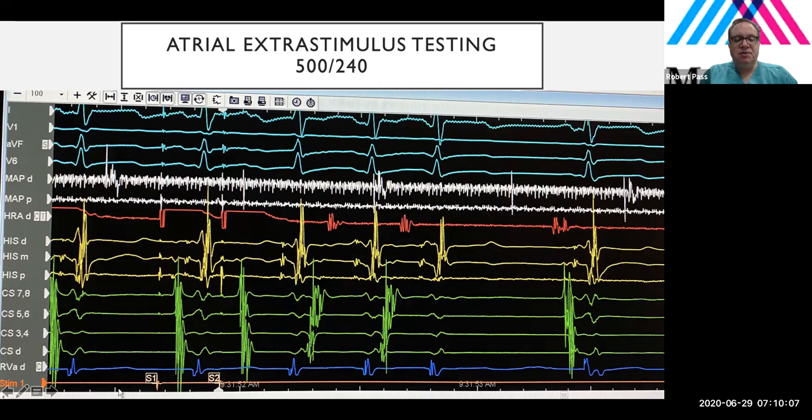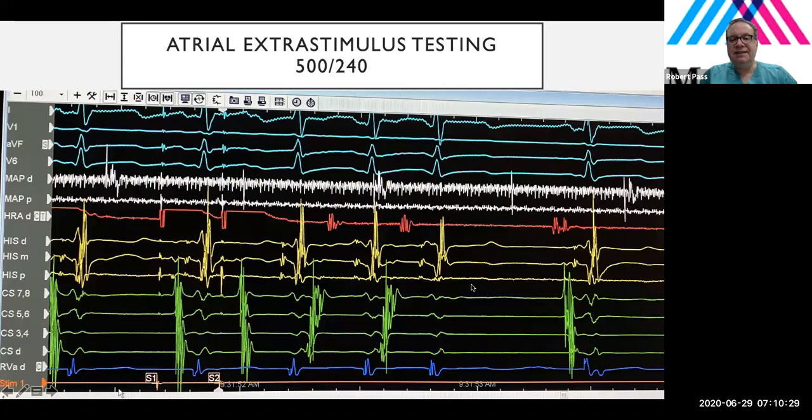And you can see that as we go more proximally, they're later. The earliest pair is actually CS distal. This V to A interval is fairly short. So we go down the AV node, up the accessory pathway, down the AV node, up the accessory pathway, down the AV node, and then it stops.